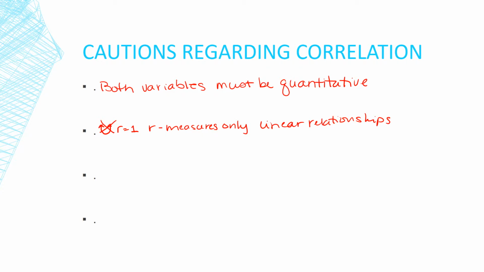All right, the third thing is that correlation is not resistant to outliers. So basically it's affected just in the same way that mean is. And then fourth, a correlation does not give us a complete summary.